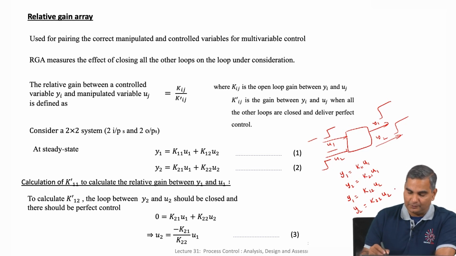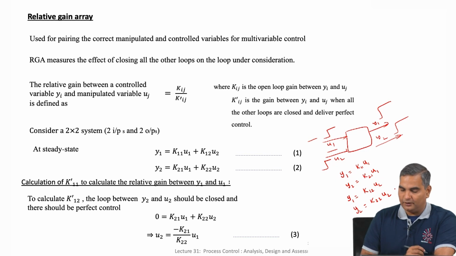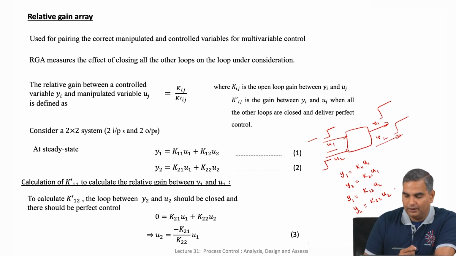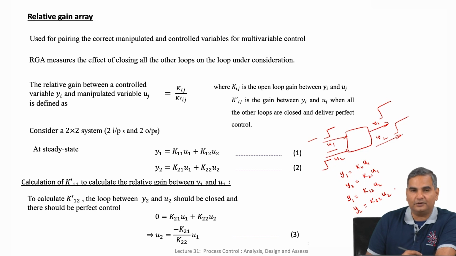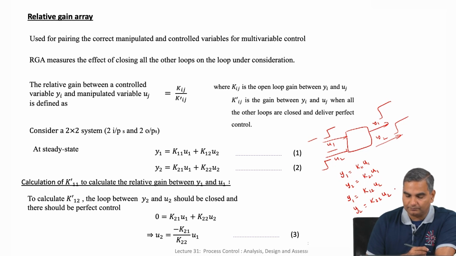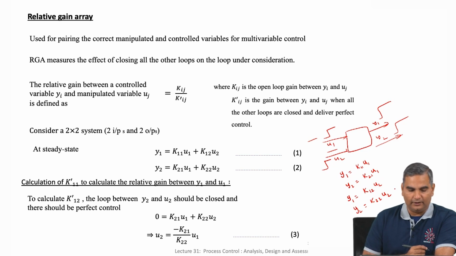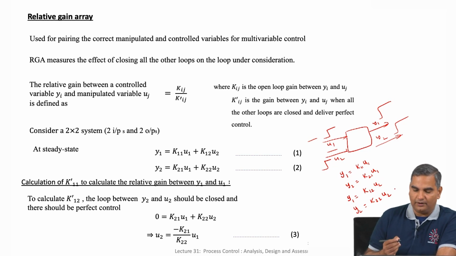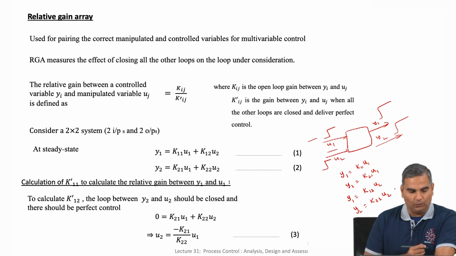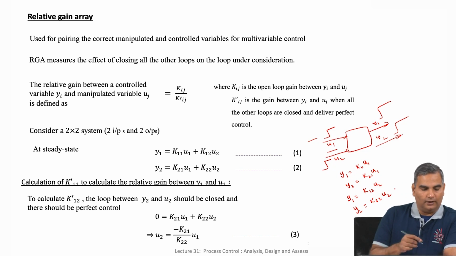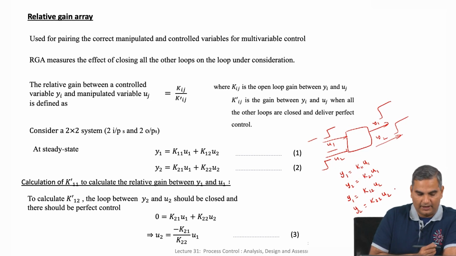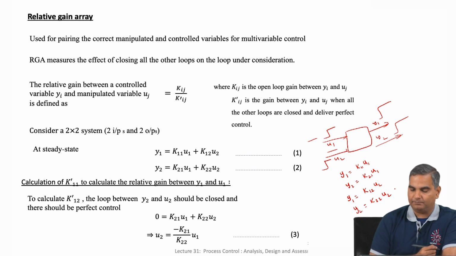However, this experiment that we talked about is in open loop and only one input is changing at a particular time. Now, what we really want to do is the following. We want to find what we are going to call a relative gain, and what is that relative gain? A relative gain between a control variable yi and a manipulated variable uj is defined as kij by k prime ij, and we will do this definition.